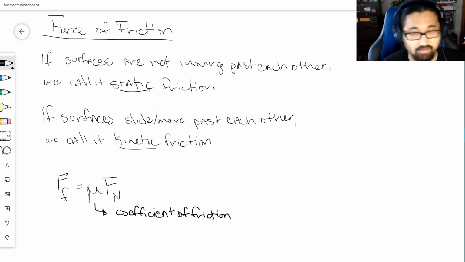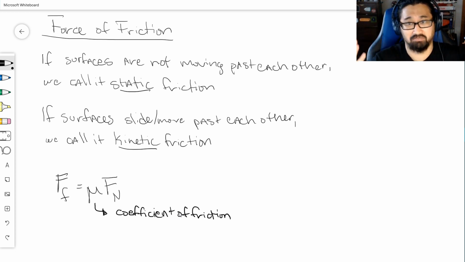Now that is labeled on your reference table. Doesn't necessarily mean anything right now, it's just a funny looking symbol. The coefficient of friction is a constant that is dependent on the two surfaces that we're looking at.